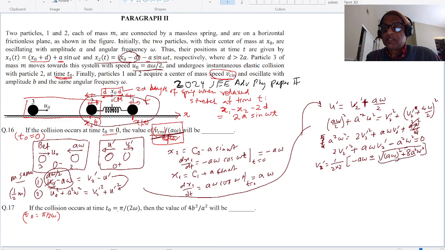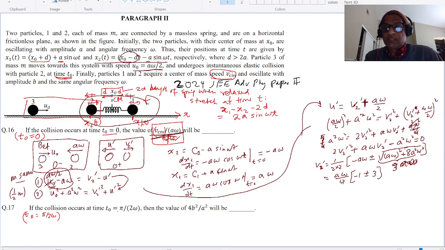Nicely, this thing comes 9 a square omega square. So this whole thing becomes 3a omega. So pull a omega out, 4 minus 1 plus or minus 3.